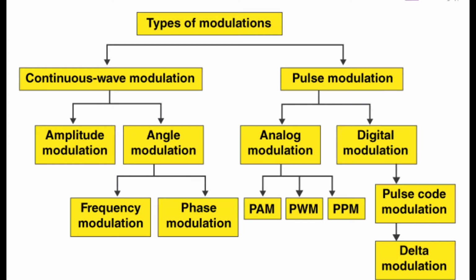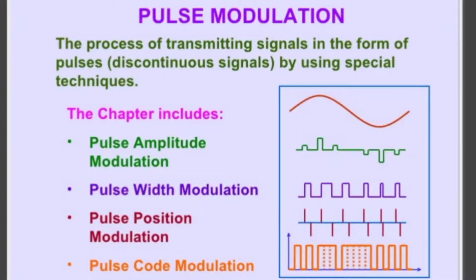Digital modulation is classified into pulse code modulation and delta modulation. Already you know that these are classified into pulse amplitude modulation, pulse width modulation, pulse position modulation and pulse code modulation. The analog techniques are three and the digital techniques are two: pulse code modulation and delta modulation.